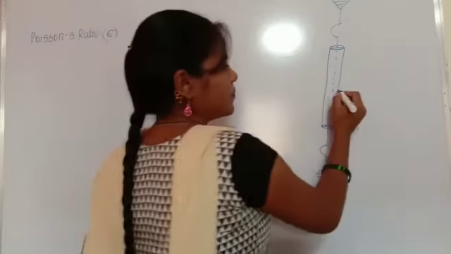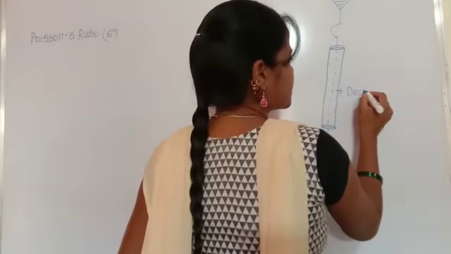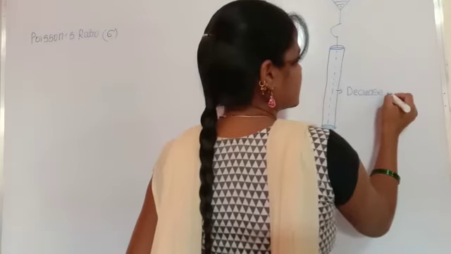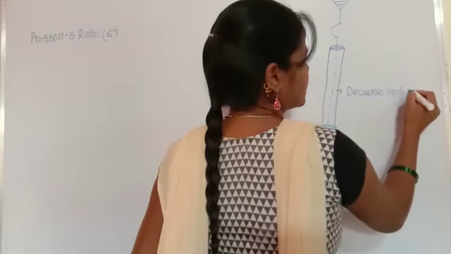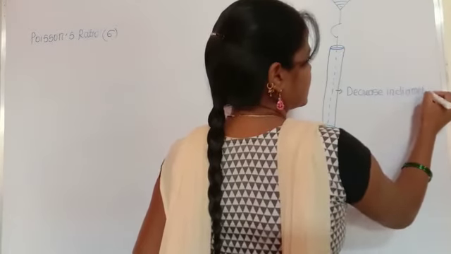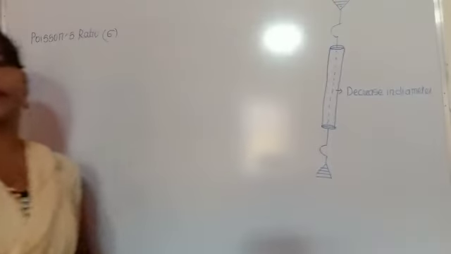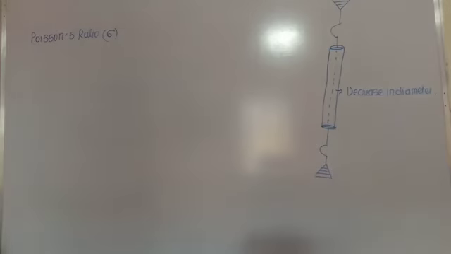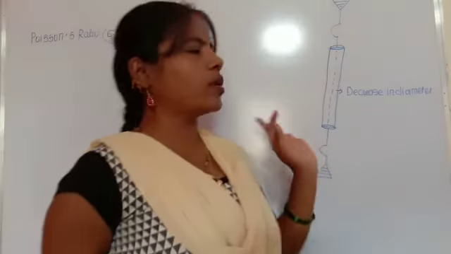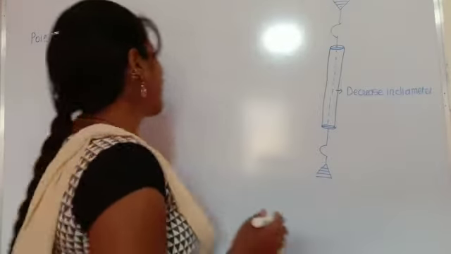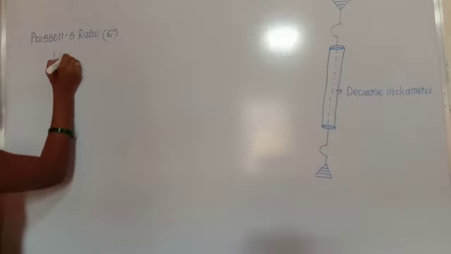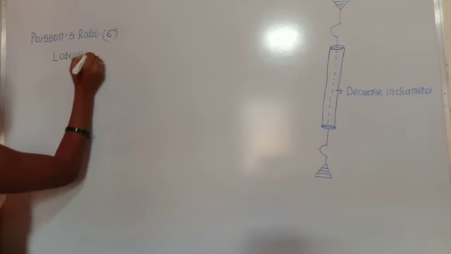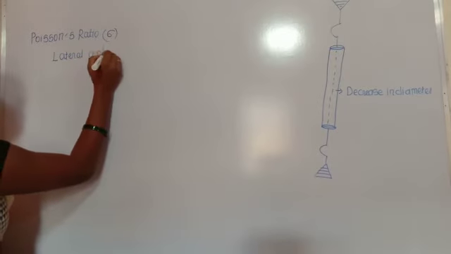That means there is a decrease in diameter. That is called the lateral contraction of this body. One word, that is the lateral contraction. We have to know what the lateral contraction is.